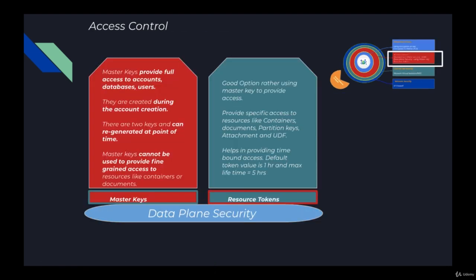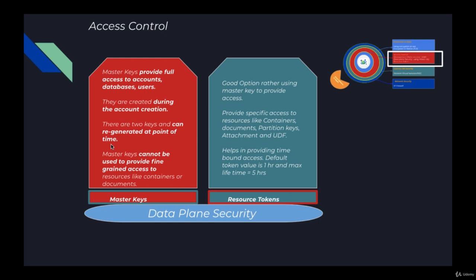Now we come to data plane security, which means actually providing access to the data. There are two ways: one is master keys, and the other is resource tokens. Master keys generally provide full access to the accounts and databases. They are created during account creation. Master keys are used for administrative resources such as your database accounts, databases, and managing users and the permissions associated with them.